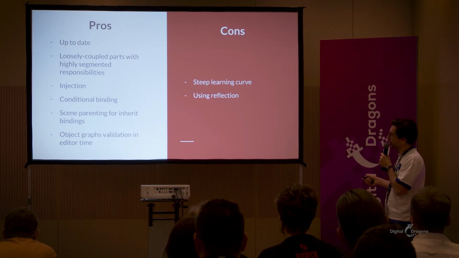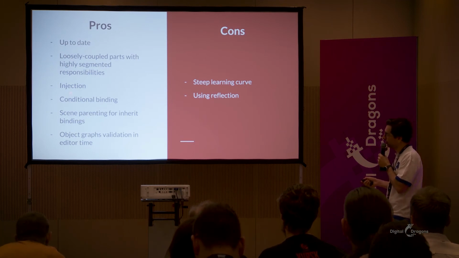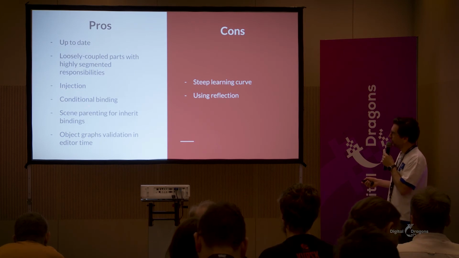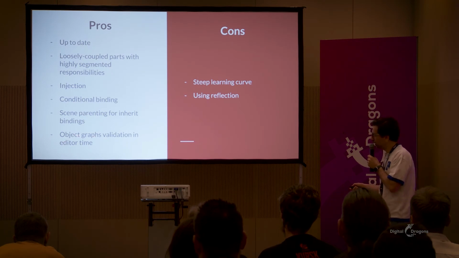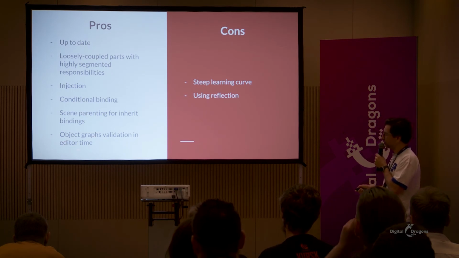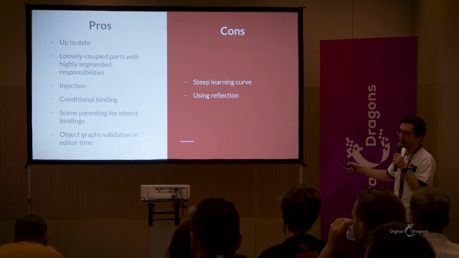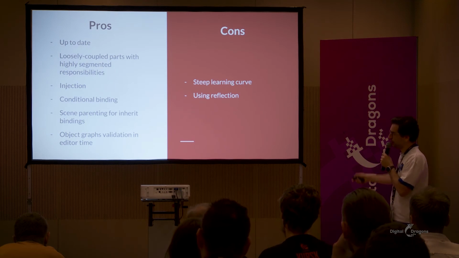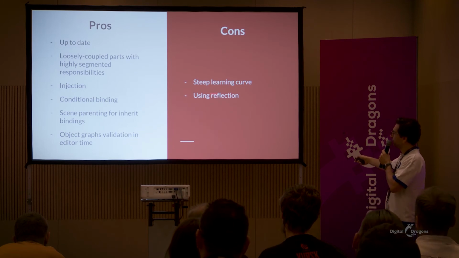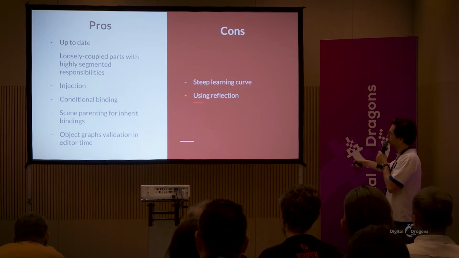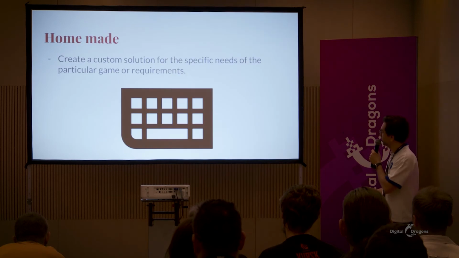It allows decoupled parts with highly segmented responsibilities, and it offers constructor injection, conditional binding, sub-parenting for inert bindings, and object graph validation at editor time, not at runtime, so the validation of the graphs is done before you run the game. The con is that it's a little bit complex and uses reflection at the beginning.